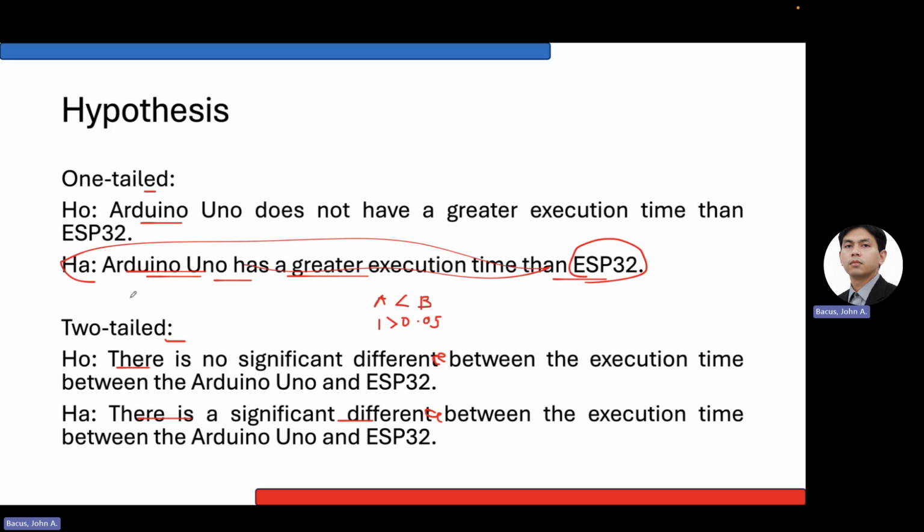No? Kung ato ang i-change, ESP32 is greater than or has a greater execution time than Arduino Uno, pero nag-1 ang imong p-value, Arduino Uno is AU na lang. So meaning to say that we failed to reject the null hypothesis because Arduino Uno is greater than dapat. No?